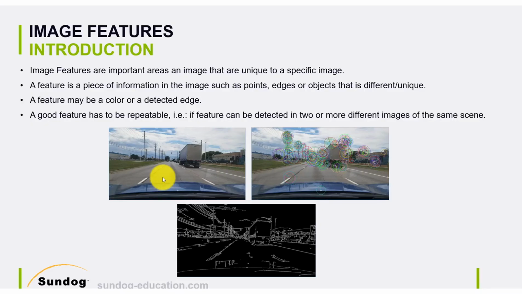Okay, a good feature has to be repeatable, which means if, for instance, I'm extracting features of a vehicle, they need to be repeatable. If I see any car from the back, or I see the exact same car from the back, or an image of a different brand of car from the back, the car features are repeatable within different scenes.